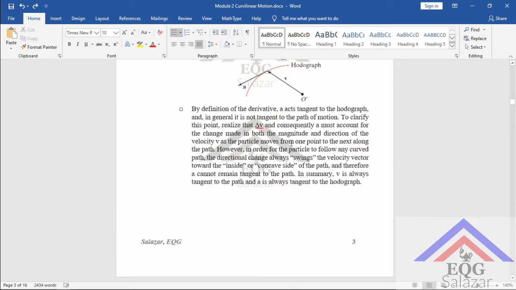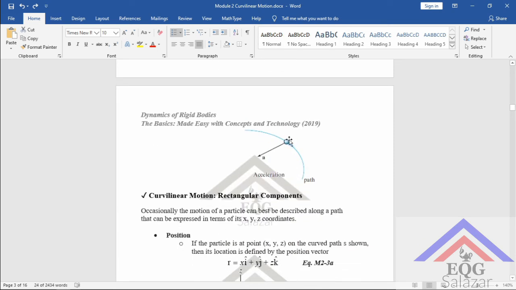Here there is a clarification as to why, but the most important entry here is that in order for the particle to follow any curved path, the directional change always swings the velocity vector toward the inside or concave side of the path. So that would mean the acceleration vector is either towards the center or towards some point on the path.